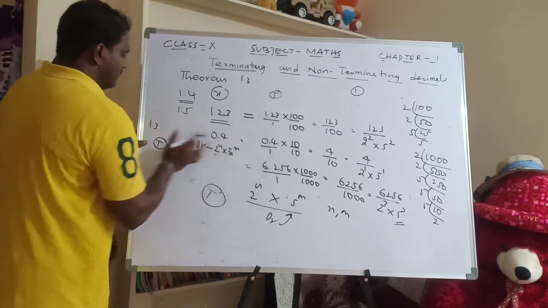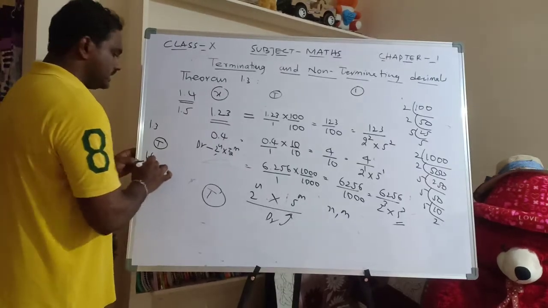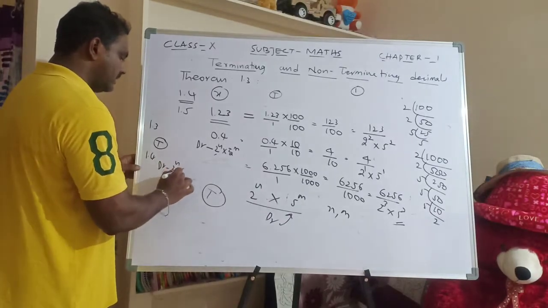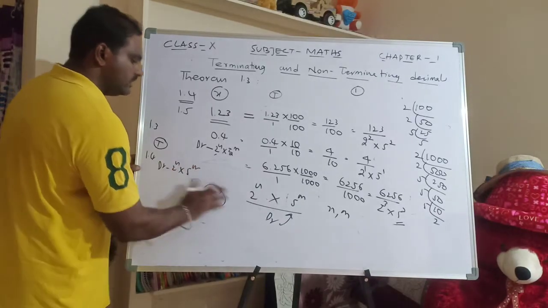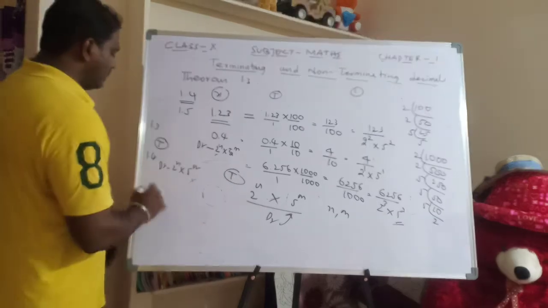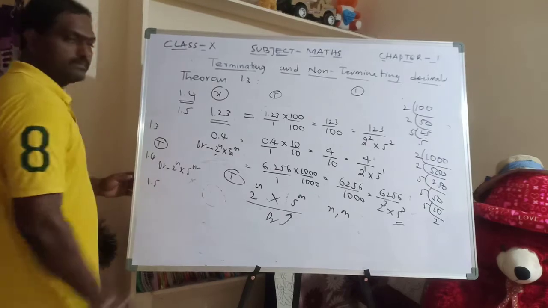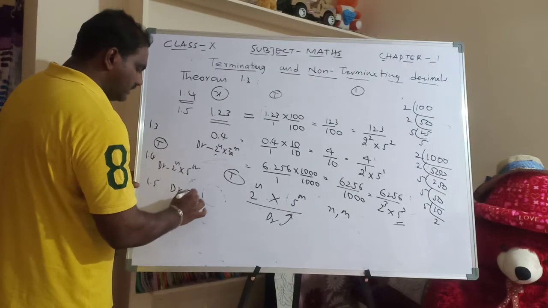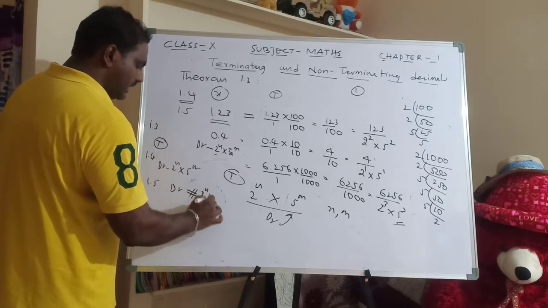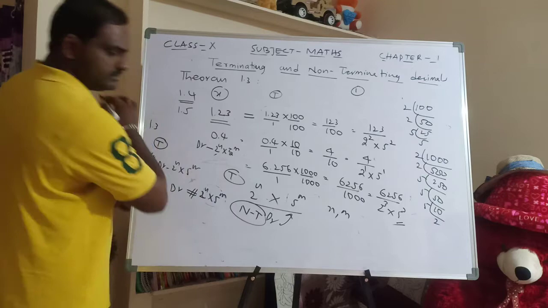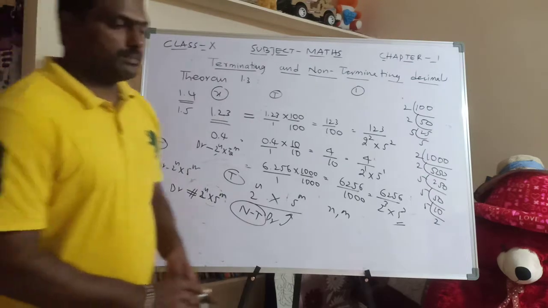Next, what does theorem 1.4 say? If the denominator is in the form of 2 power n, 5 power m, then that is terminating. Now what does 1.5 say? If the denominator is not in the form of 2 power n into 5 power m, then that is non-terminating. That's all. This is the concept.